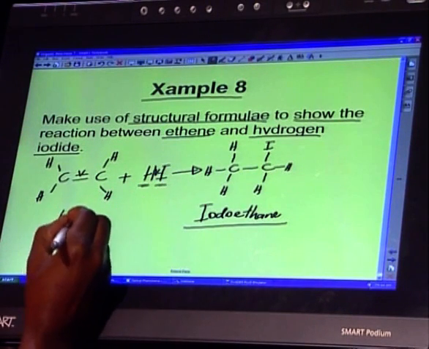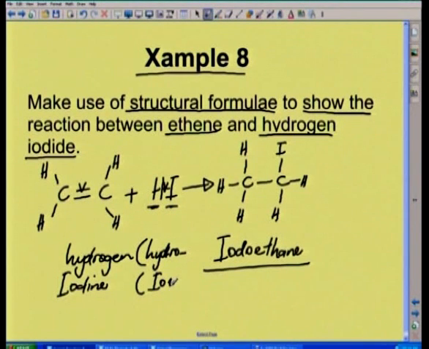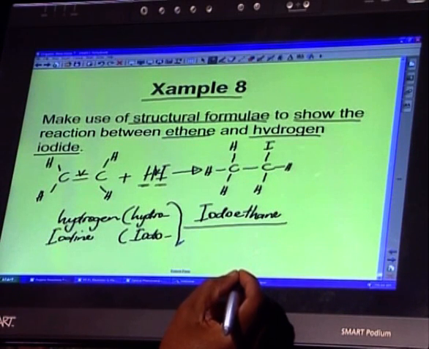So it's a hydrogen atom that is coming in. It is also an iodine atom that is coming in. So you are bringing in a hydro part and an iodo part, the halide part, iodo part there. This is what you are bringing in, iodoethane.